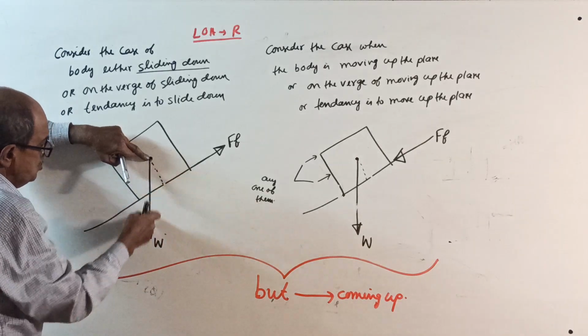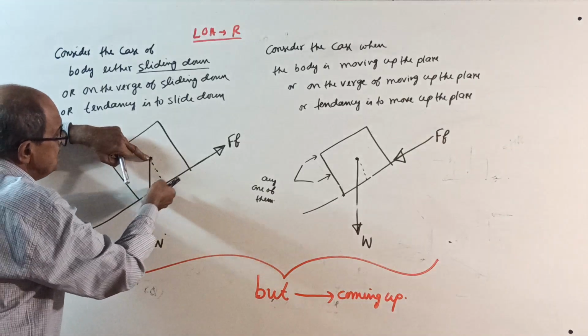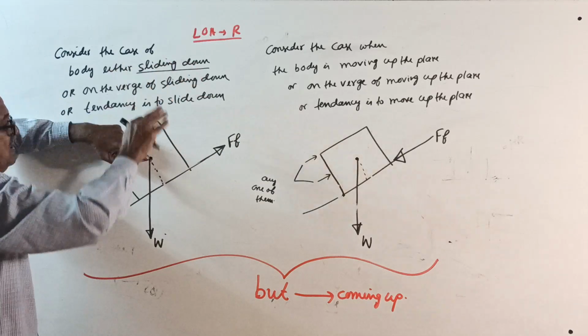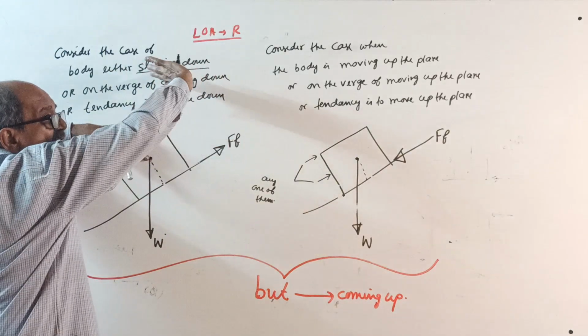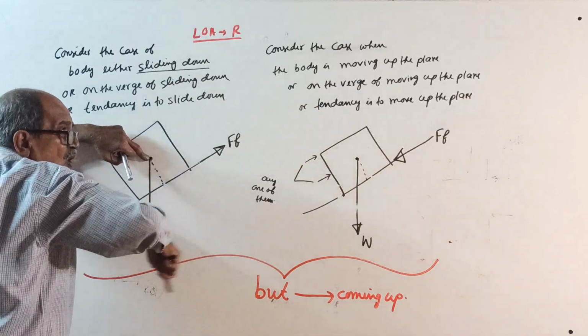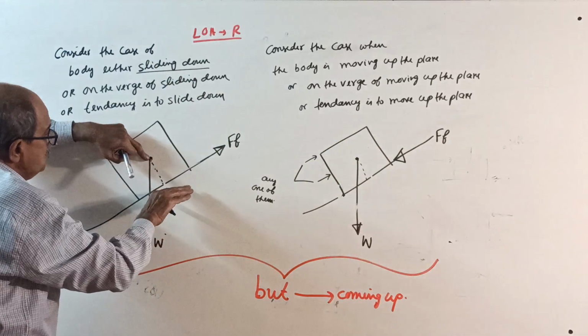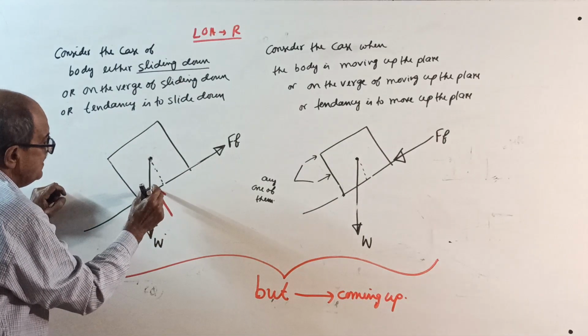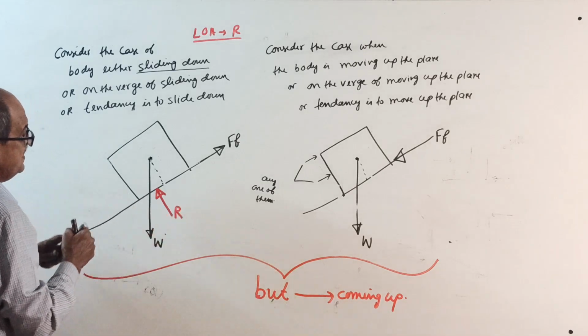W into 0. Frictional force Ff into this distance is anti-clockwise. To balance the anti-clockwise moment, you require a clockwise moment. So, to create a clockwise moment, R will be this side, here.